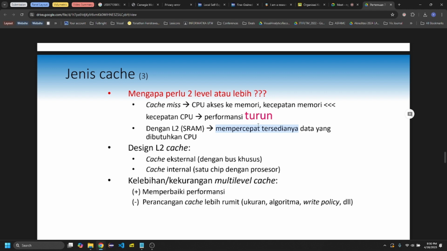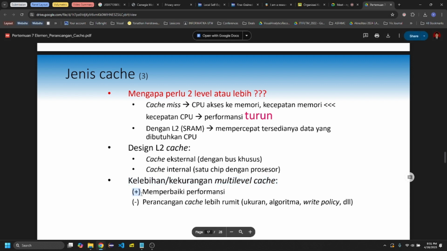Design of L2 cache, it can use external cache with a specific bus, or using internal. That means it will be built inside this processor chip. Advantages and disadvantages of the multi-level cache are as this one.